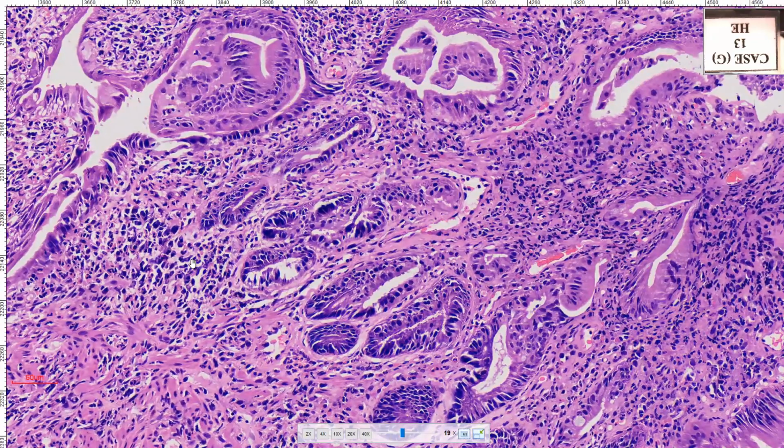It means the area between the crypt and the muscularis mucosa is being filled with plasma cells. It could be patchy in nature, or it could be uniform, where you see a diffuse encroachment of plasma cells between the base of the crypt and the muscularis mucosa. So this is what is called basal plasmacytosis.